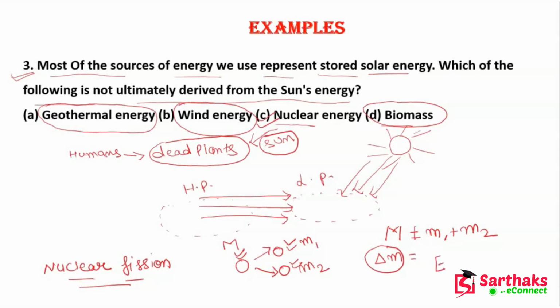And I had told you the relation between the energy and the mass, that E is equal to mc square. So you can see that this mass is converted into energy. This is a very high amount of energy, because we all know that the value of c is 3 multiplied by 10 to the power 8 meter per second.